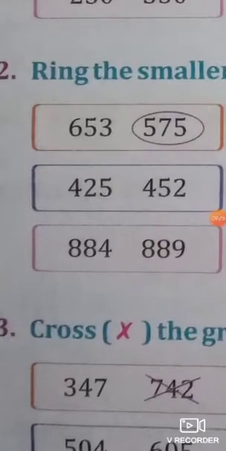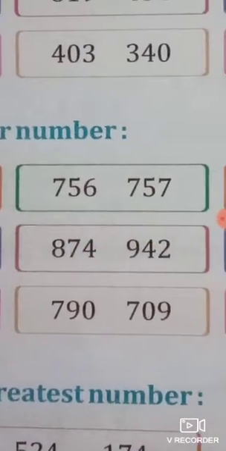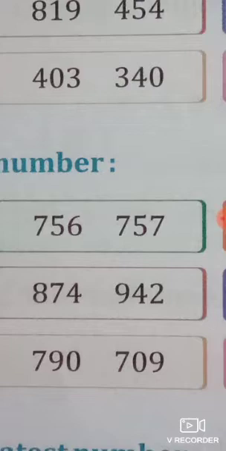Second question is, ring the smaller number. 575 is a smaller number compared to 653, so we will ring 575. Second question is 756 and 757, and we know it very well. 756 is a smaller number compared to 757, so we will ring 756.